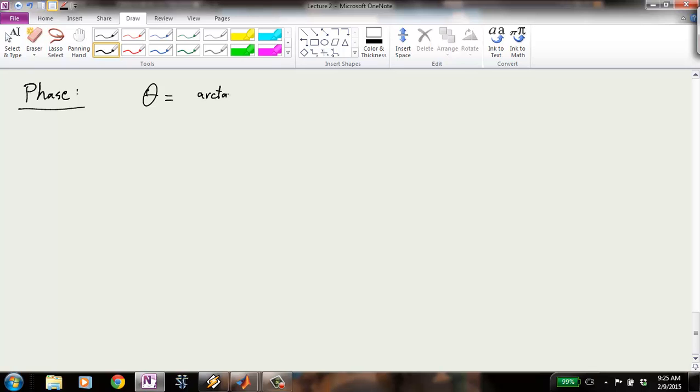You just get this from the trigonometry of how we represented things in polar coordinates. It's the arctangent of the imaginary part of x over the real part of x. Okay, now there's a little bit of ambiguity in the arctangent. So you actually have to add pi here depending on whether or not the real part of x is negative.